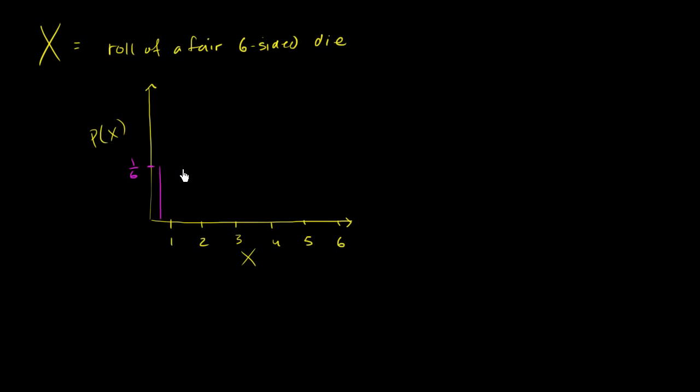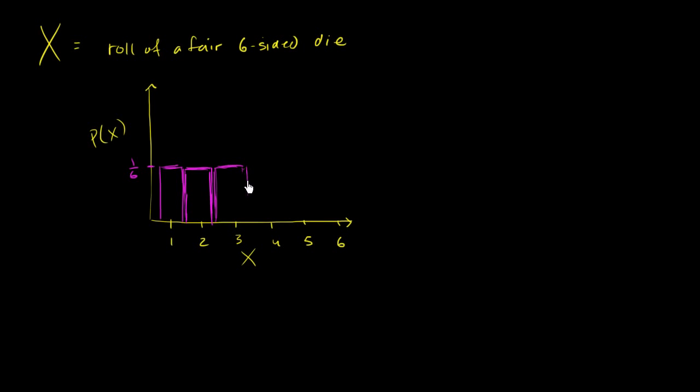I'll draw it as a little bar chart here. So you have a 1/6 probability of getting a 1. Now what's the probability of getting a 2? Well, once again, it's 1 out of 6 equally likely outcomes, so it's once again 1/6. So I'll just draw it just like that. And same thing for 3. It's 1 of 6 equally possible outcomes.